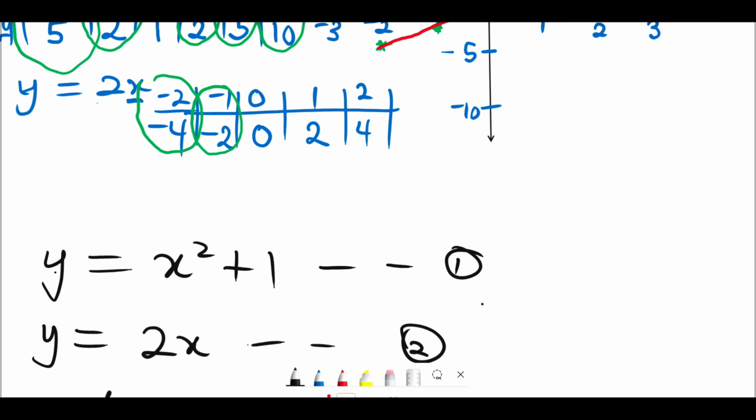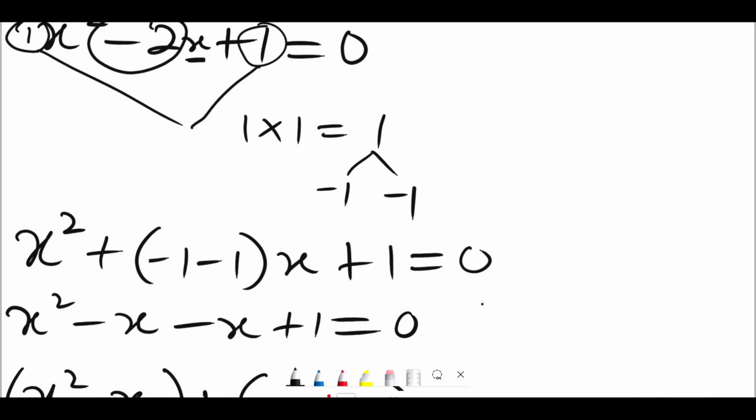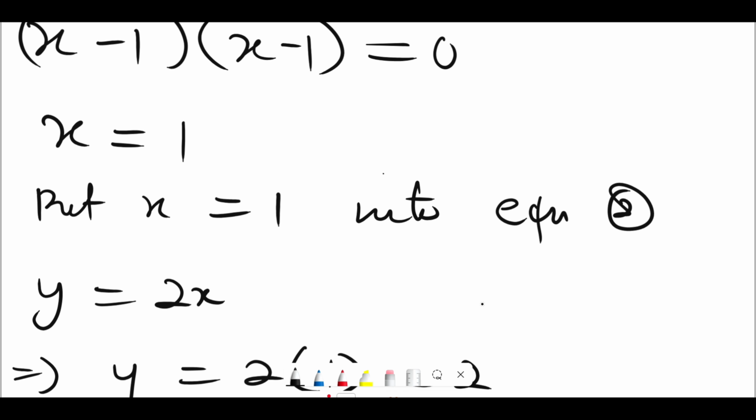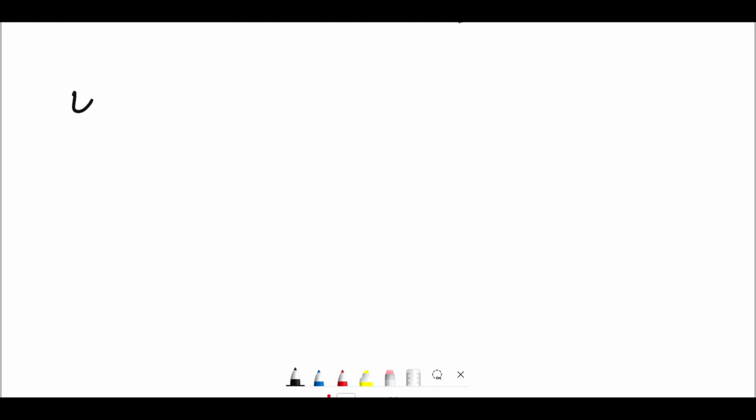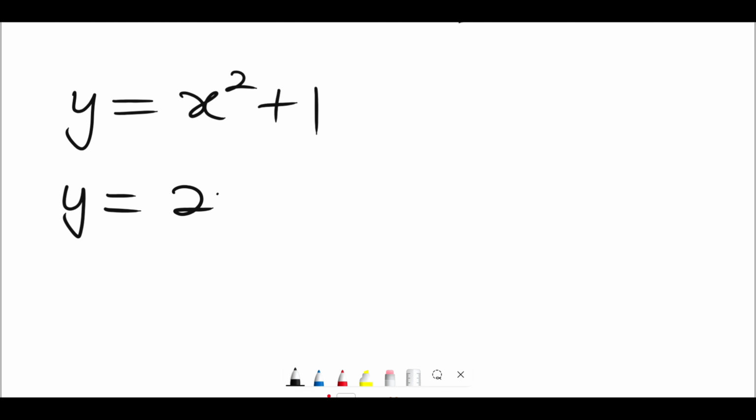Now, let's look at how we can find the gradient of the tangent to the curve. We have our curve to be y is equal to x squared plus 1, then our straight line to be 2x.